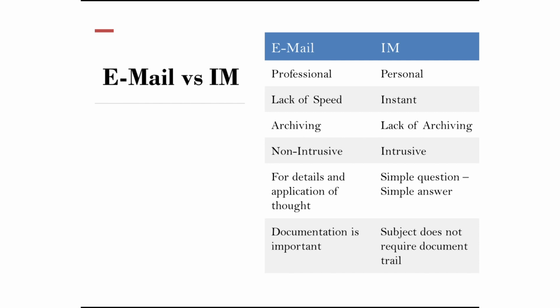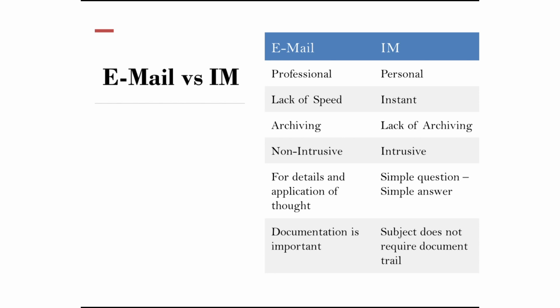Instant messaging is instant. Email has this feature of archiving. We can look up records of emails. Email trails can be looked into. There is an archiving format used in emails which is useful for tracing older information or older communications. Instant messaging does not have this feature of archiving, at least most of them don't.